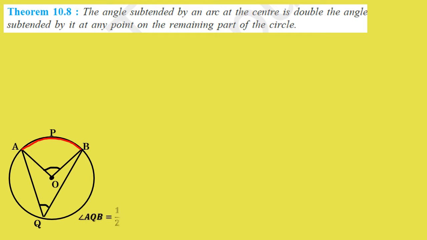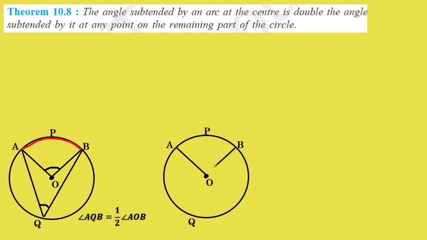Now let us see what happens when a major arc subtends an angle at the center of the circle. So here the major arc is AQB. The angle subtended by AQB at the center is not this angle AOB. It will be the reflex angle AOB.